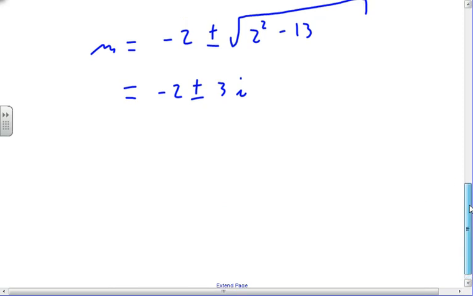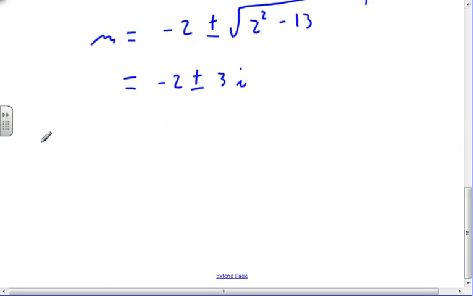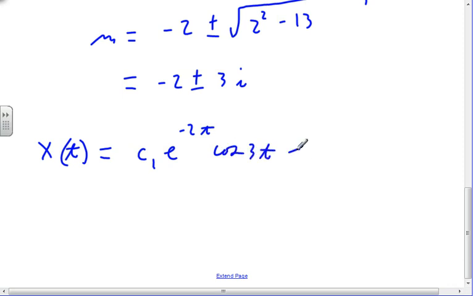So are we solving for x of t? Okay, x of t. x of t is equal to c1. No, it isn't. Yeah, it is. c1 e to the minus 2t cosine 3t plus c2 e to the minus 2t sine 3t.